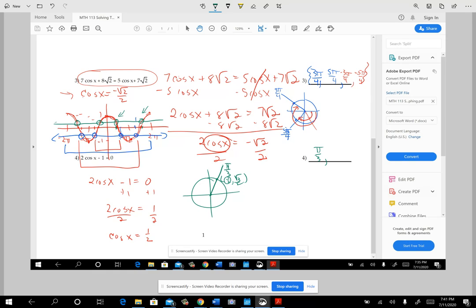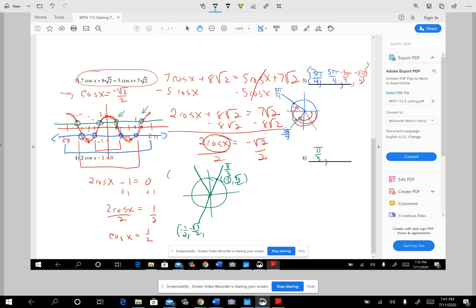So when you think about it, this one right here has a negative 1/2, so that's not going to work. This is another angle that has the same reference angle, 60 degrees or pi over 3. And you see how both of those are negative? So that's negative 1/2 and then negative square root of 3 over 2.